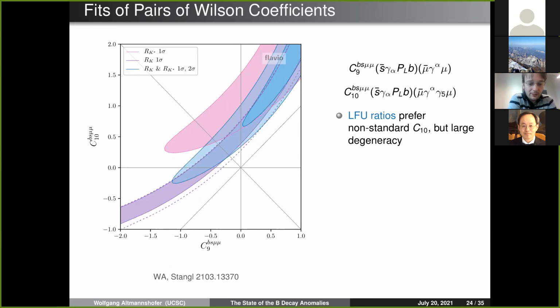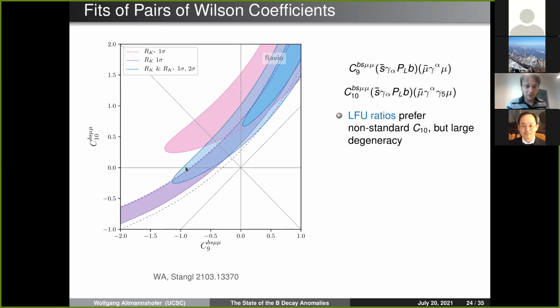What is now shown in this plot is a slightly different way of presenting the information of those tables, but now instead of switching on one Wilson coefficient at a time, it switches on two simultaneously. So in this example, C9 and C10. Again, these are defined as coefficients of these operators here, a left-handed b to s transition, and a vector or axial vector current for the muons.